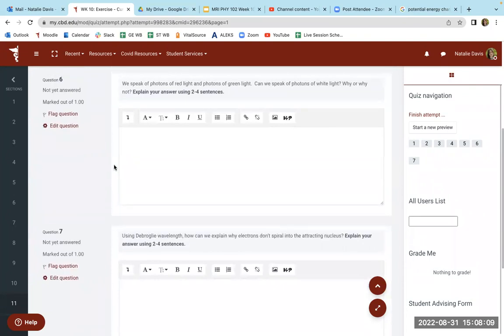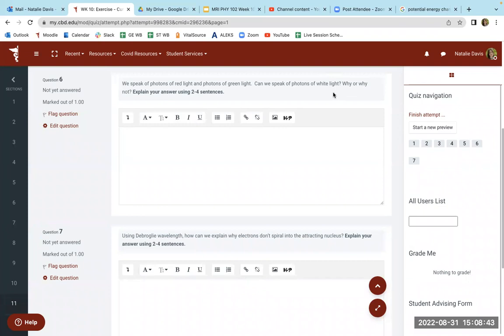Okay, number 6. We speak of photons of red light and photons of green light. Can we speak of photons of white light? Why or why not? Yes, we have colored light. We can have red. We can have green. Red light, remember, has a frequency, and green light has a different frequency. The definition of white light.